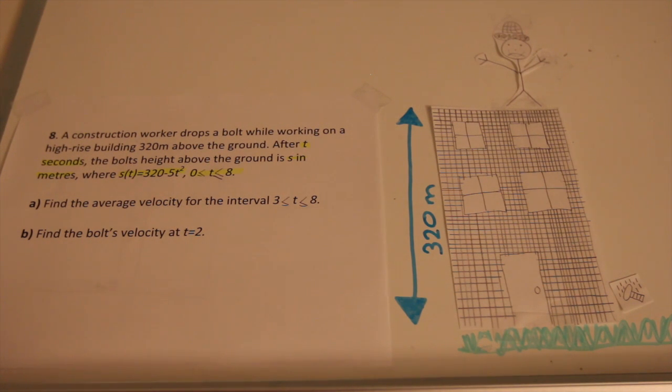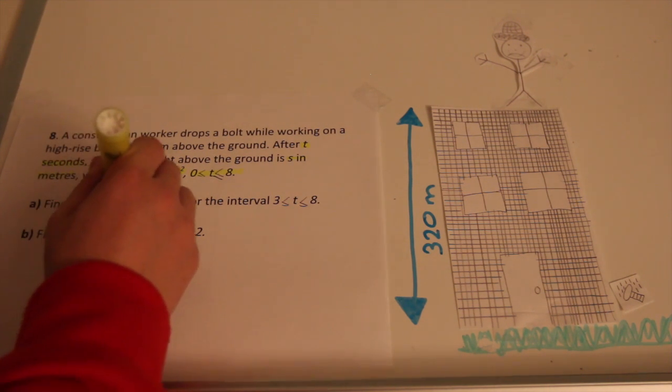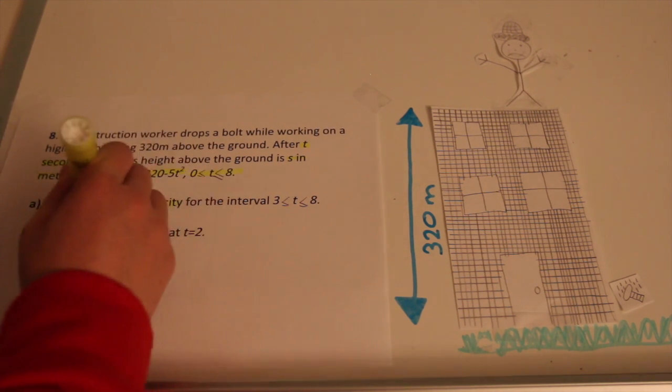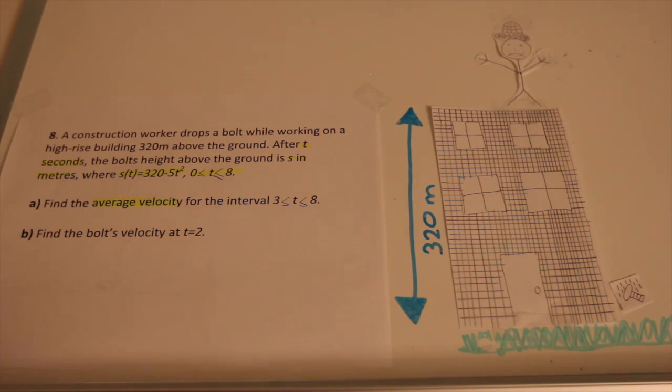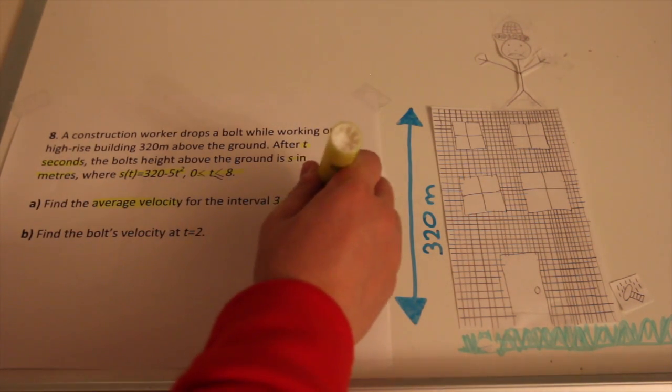Now for part A of this question, it says find the average velocity for the interval t between 3 and 8. Now the key parts of this question are average velocity and the interval from 3 to 8.